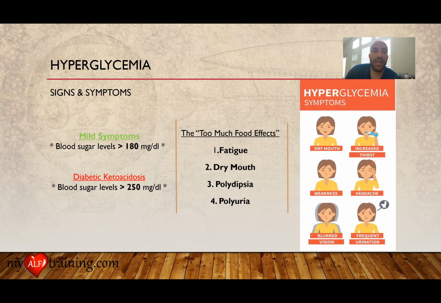We'll touch on that in a minute. So 181 is considered hyperglycemia, and greater than 250 is usually when we see diabetic ketoacidosis. But just because a patient's blood sugar is greater than 250, that doesn't mean that they are in DKA. That's just the most common level at which it's been documented to present.